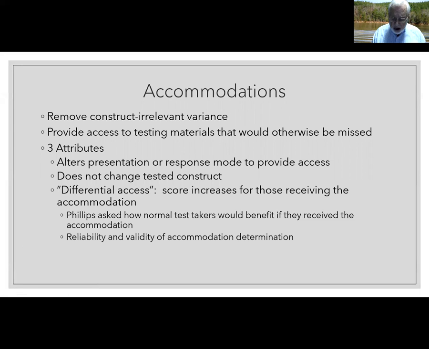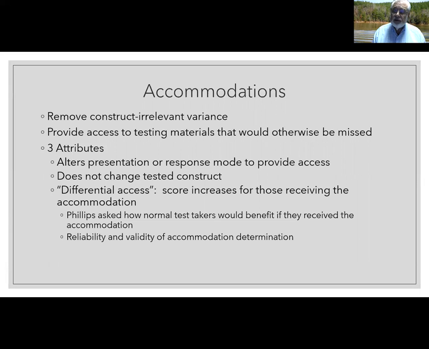Now, with regard to accommodations, if something is an accommodation, we believe that it's removing construct irrelevant variance. In other words, there's something that a person with a disability can't do as well. If you're in a wheelchair and it's a walking test, obviously there's no way to really fix that, but we're trying to eliminate construct irrelevant variance.